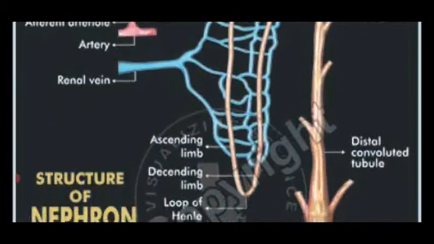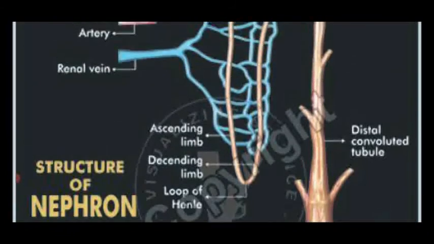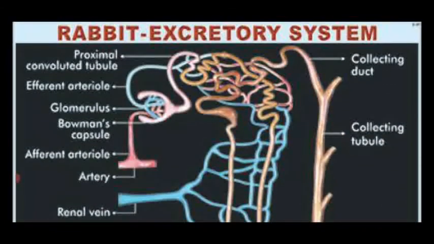So this is the structure of a nephron. A nephron consists of fine tubules which collect urine, that is nitrogenous waste, from the blood from different parts of the body and store it in a cup-like structure called the Bowman's capsule.